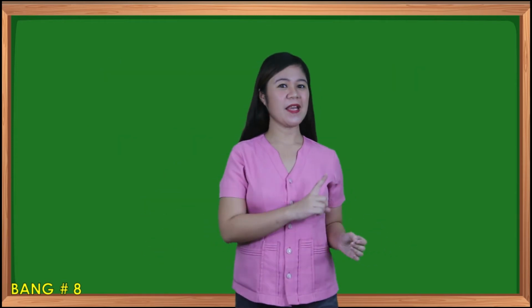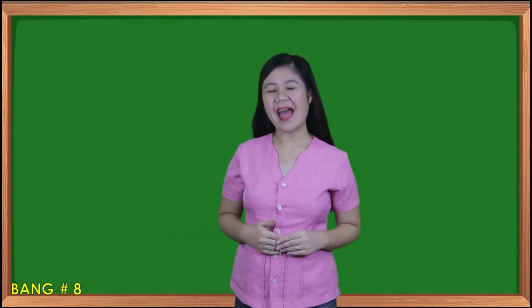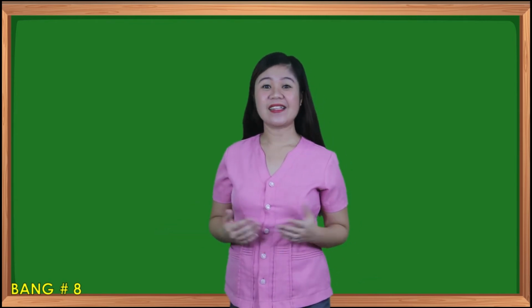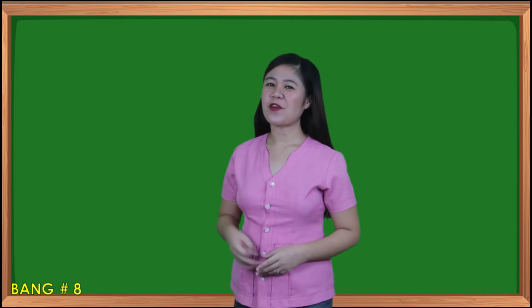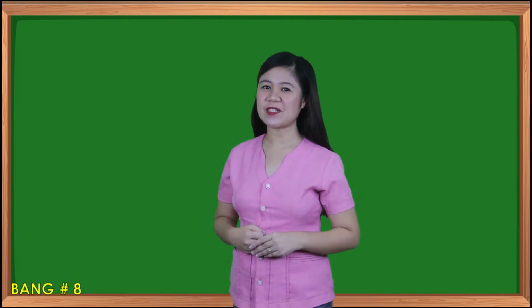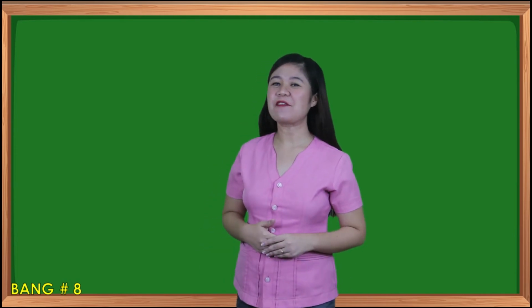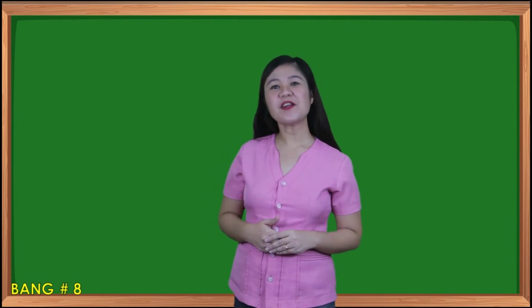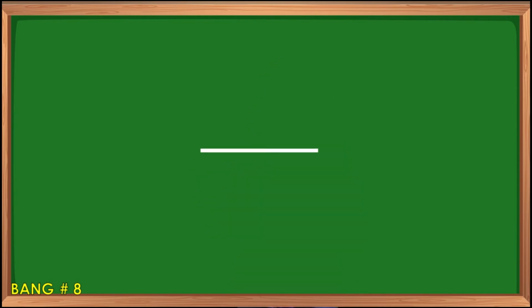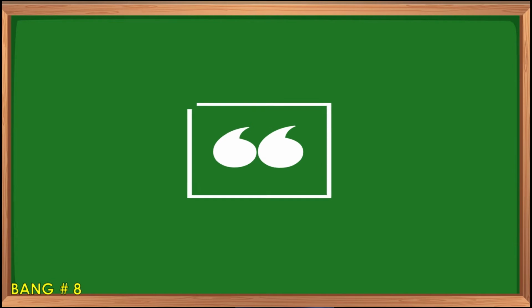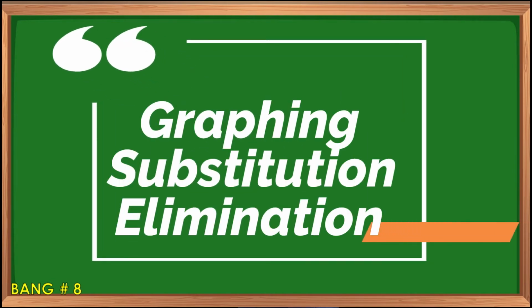Oh, don't worry, because every problem has a solution. And let us not forget that there are three methods that can be used in solving problems involving systems of linear equations in two variables. These are graphing, substitution, or elimination.